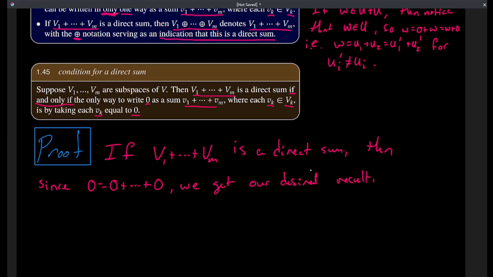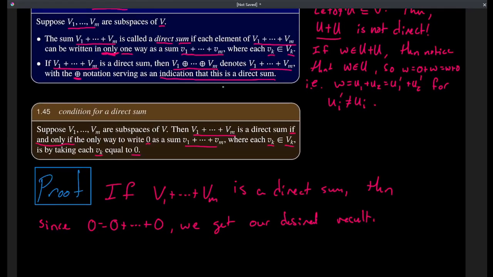Okay, so if we have a direct sum, then the definition of a direct sum says that each element can be written in only one way as a sum of the elements of each subspace. So if this is a direct sum, then because I can write 0 in this way, that is the only way I can write it. So I get my desired result. If this is direct, then the only way to write 0 as a sum in this form is with each of those things equal to 0.